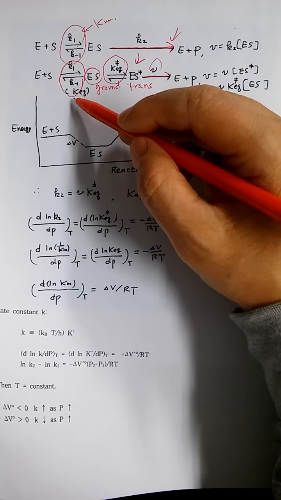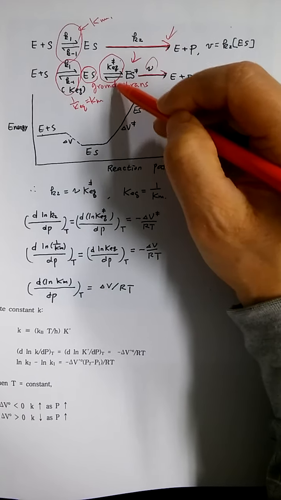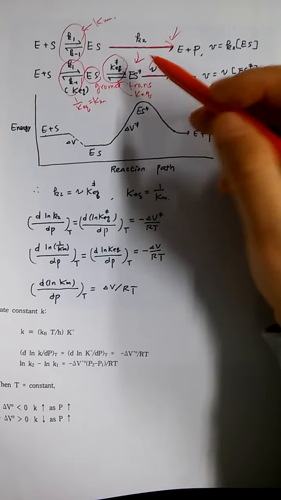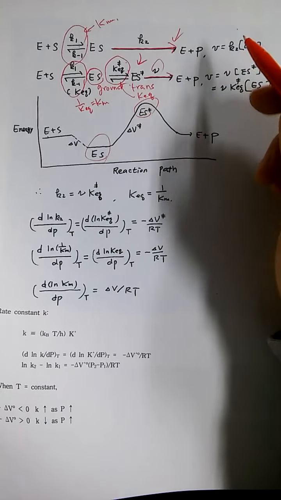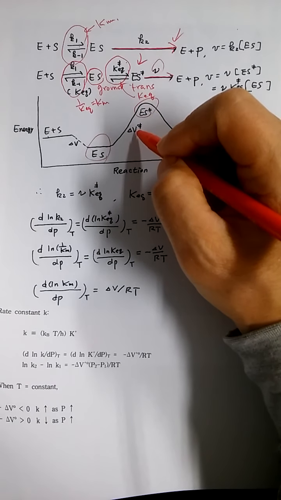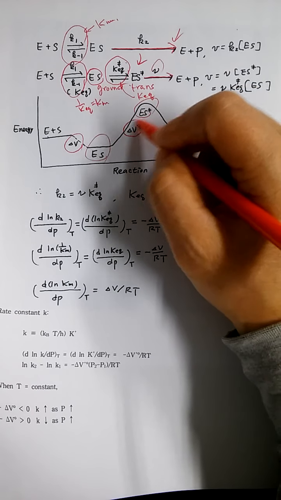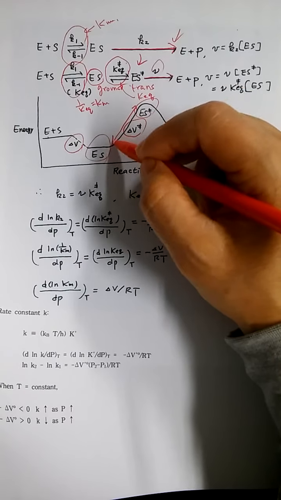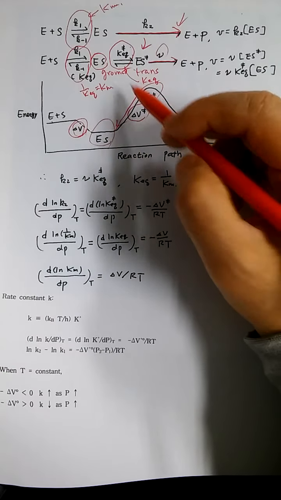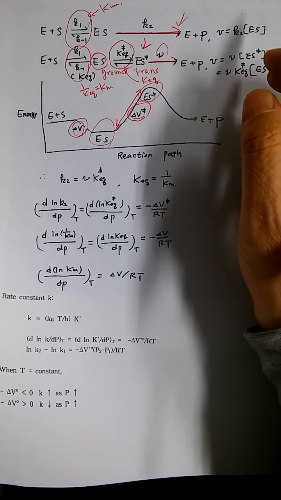So we have actually two equilibrium constants associated with normal enzymatic reactions: the Km value, which is 1 over K equilibrium, and the equilibrium constant for the transition step between the ground state and the transition state. So we can associate two volume changes, delta V for this binding step and delta V star for this transition step. Depending on the signs of delta V and delta V star, pressure affects enzymatic catalysis differently.